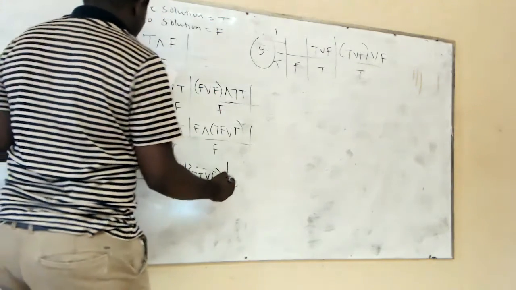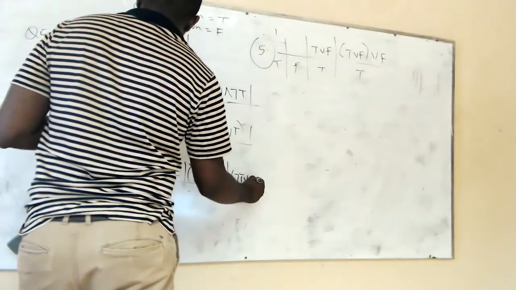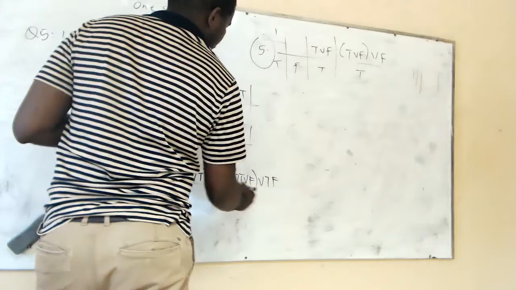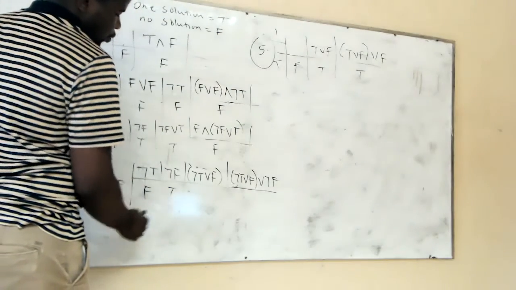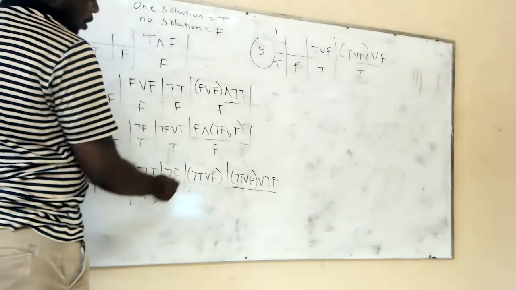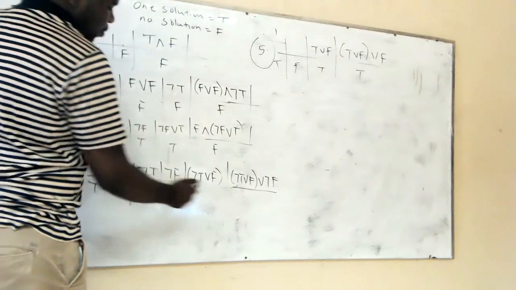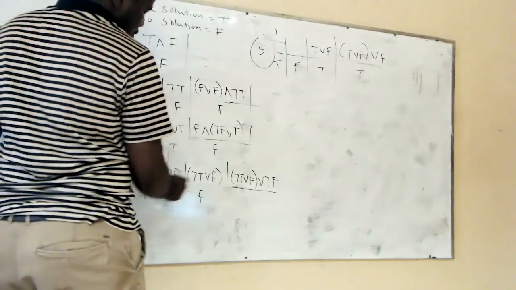And then the last one is not true versus false versus not false. So here is false and there is true. Then from there, not true versus false, not true is this versus false. So false, false, this is false. And here we have this conjecture and not false.